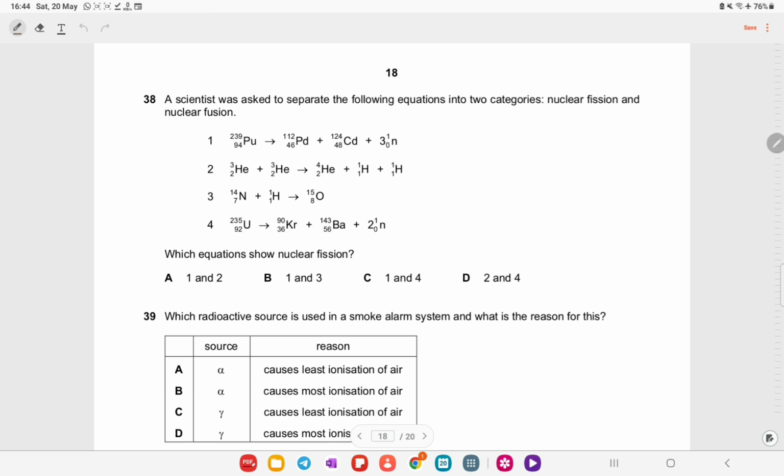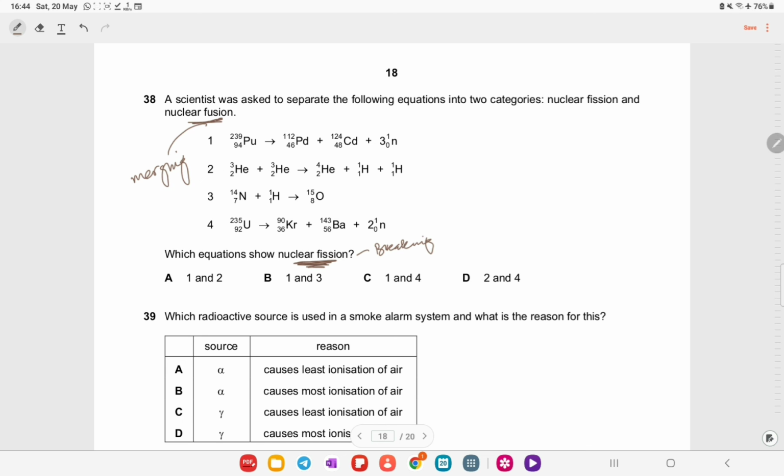A scientist was asked to separate the following equations into two categories: nuclear fission and nuclear fusion. Fusion is the merging of nuclei, and fission is the breaking down. Which equation shows nuclear fission? Fission is breaking, and fusion is merging, according to the definition.